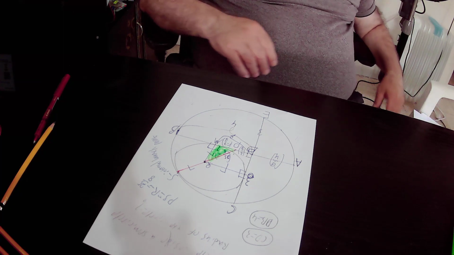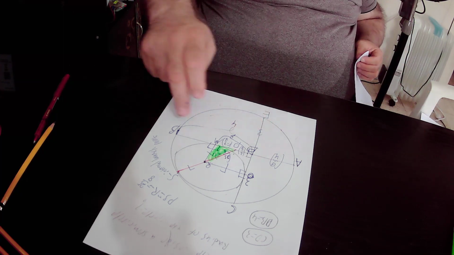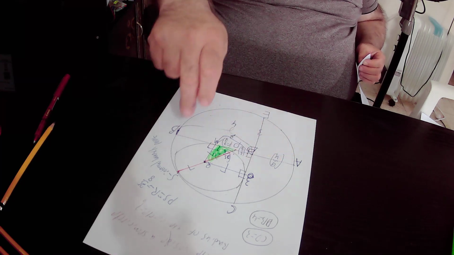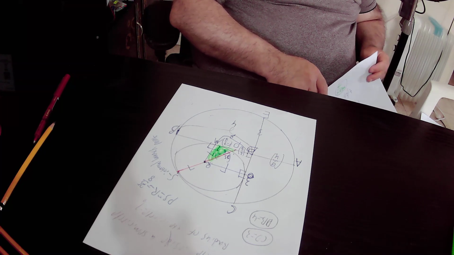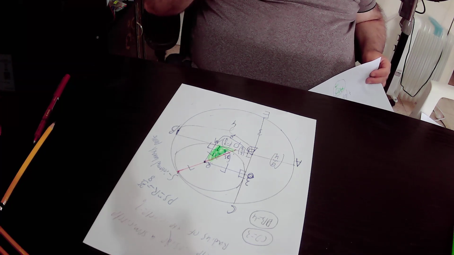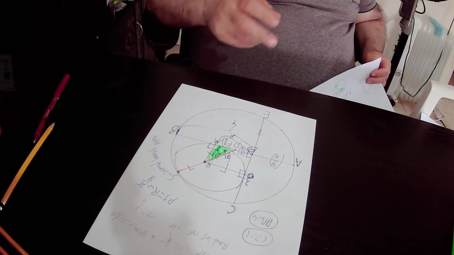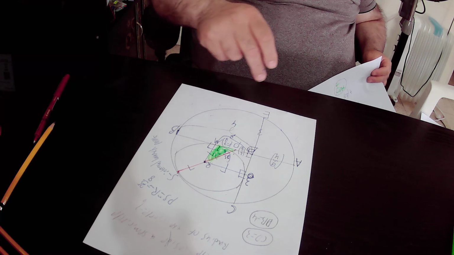Then we actually know that AB is the diameter of this big circle and also the diameter of the semicircles, and the diameter is twice as long as the radius. So if we divide the diameter AB by 2, we'll get the radius of this big circle and also the radius of the semicircles.